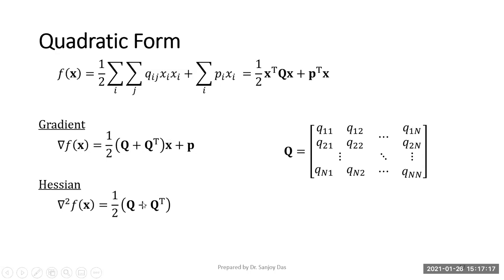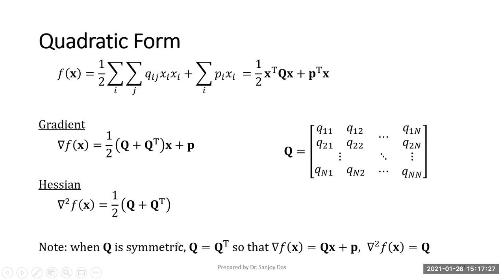And the expression for the Hessian is this, half Q plus Q transpose. Here is what I just said. When Q is symmetric, Q equals Q transpose, then del f of x is Qx plus p, and del squared f of x is Q, because Q equals Q transpose.